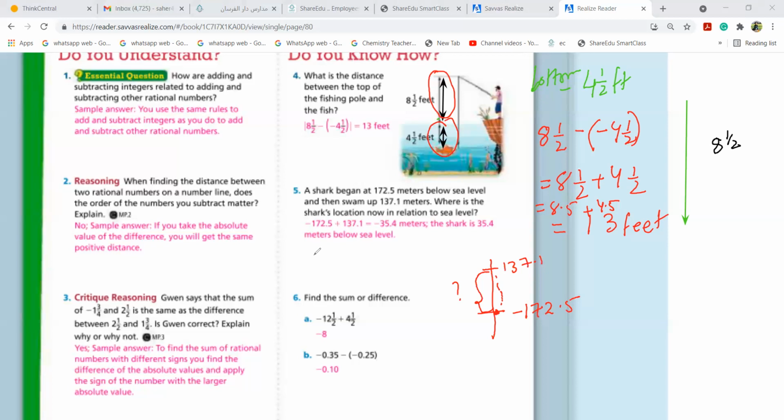So of course, I will take the total, minus 172.5, and I'll plus, why plus? Because it swam up. First, it went down below the sea level, so I put minus 172.5. Then they say swam up, so I put plus 137.1. Any questions, Malak and Ghalia?